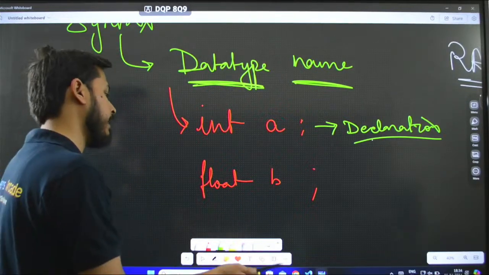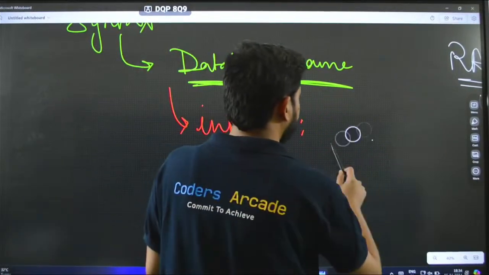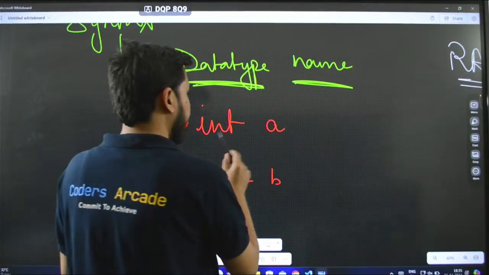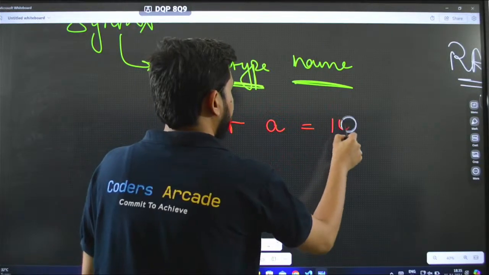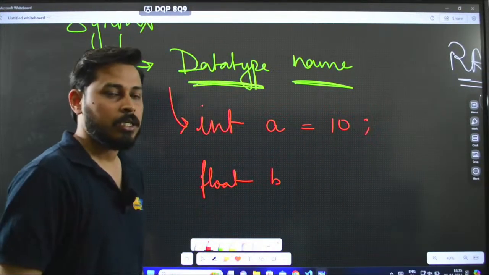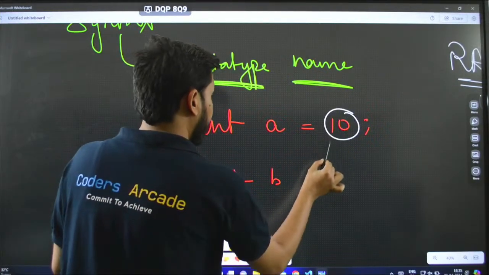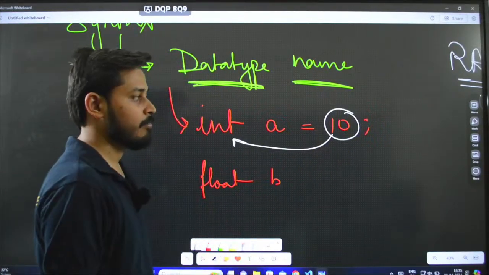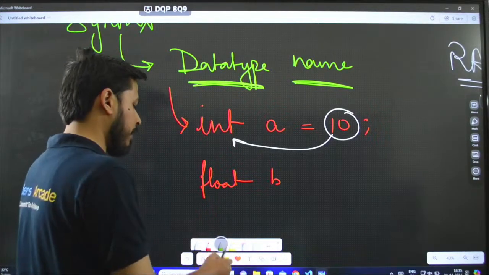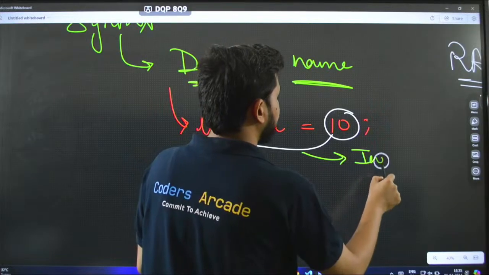Let us say now, rather than just a semicolon, I have written int a equals to 10. I have used equals and then I have said 10. That means this 10 went inside this int a. You got my point? This is what you call variable initialization.